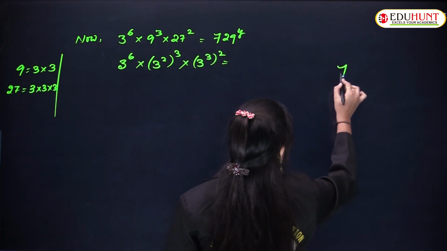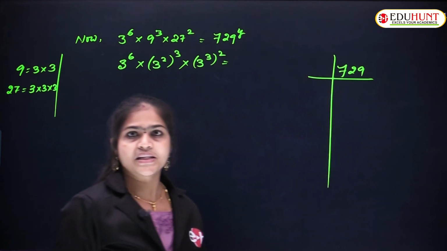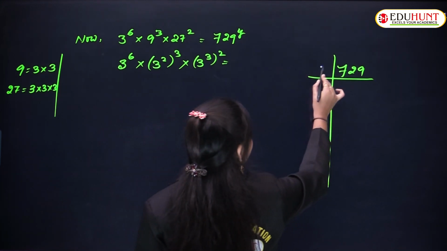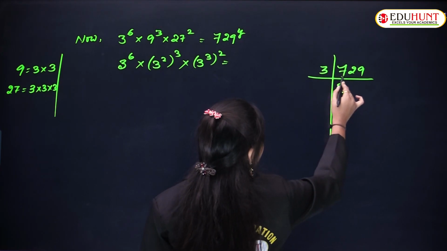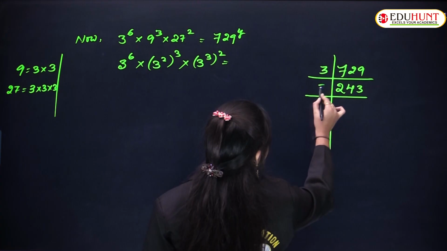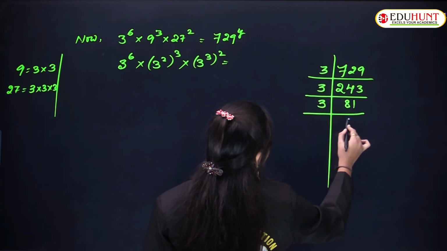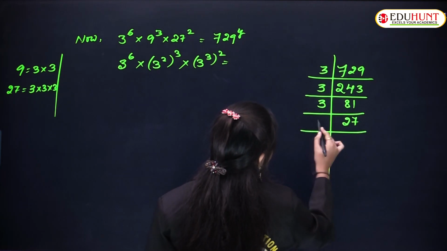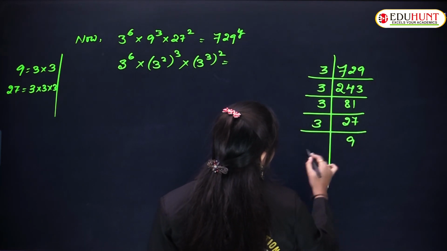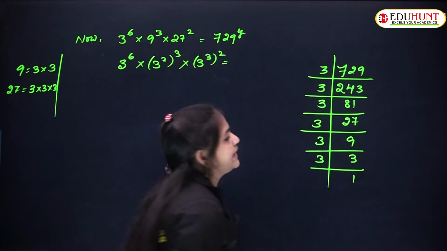Now 729, you have to take the prime factorization. 729 is divisible by 3: 3 2s are 6, 3 4s are 12, 3 3s are 9. Next 3 8s are 24, ones 81. Next 3 7s are 21, 3 9s are 27, 3 3s are 9, 3 1s are 3.